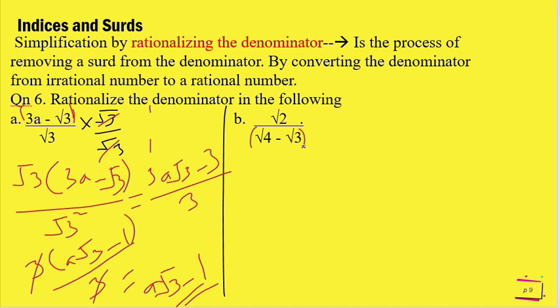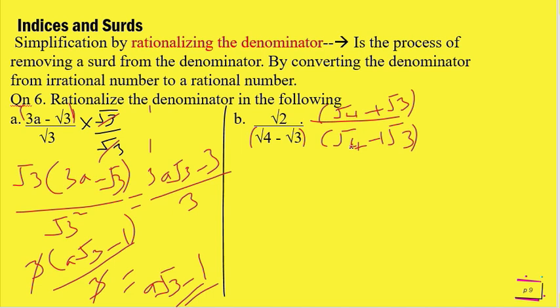So those surds will have a different sign. What you can see here is that this will be root 4 plus root 3. That's what you multiply with. But remember what we said, whatever you multiply with in the denominator, remember to multiply with it in the numerator. That is the rule whenever you are rationalizing the denominator.